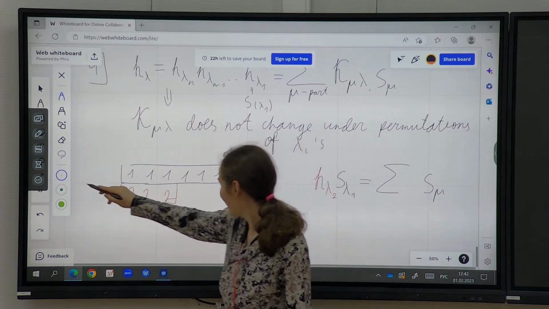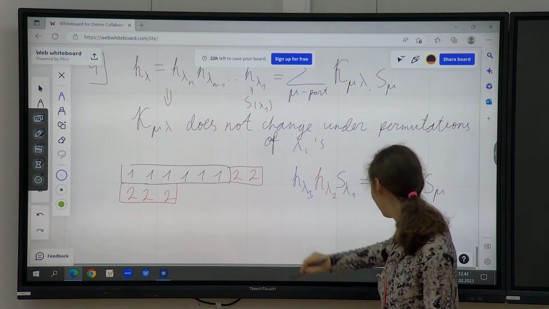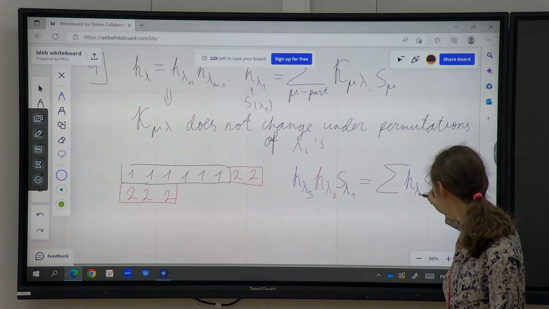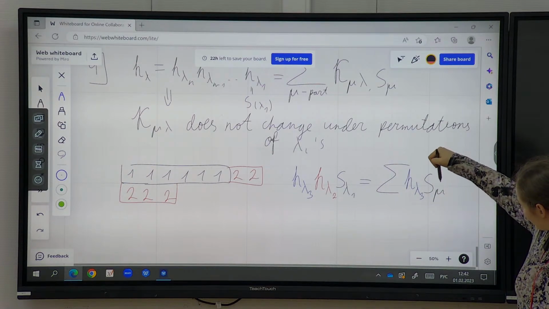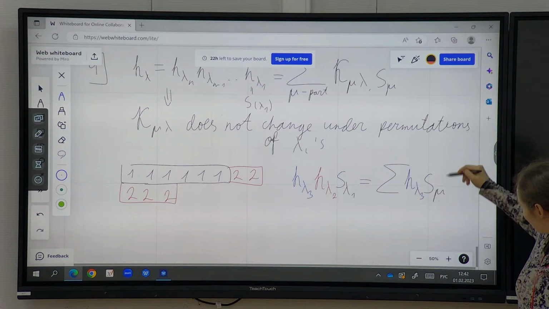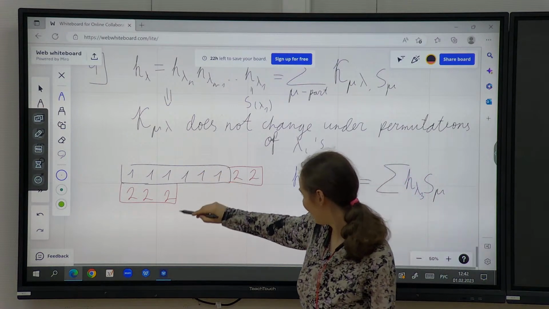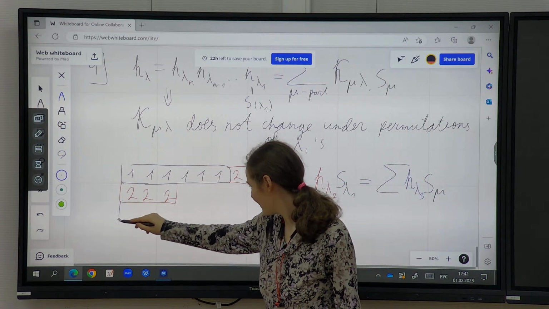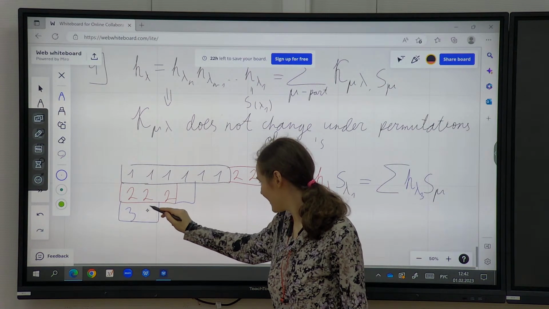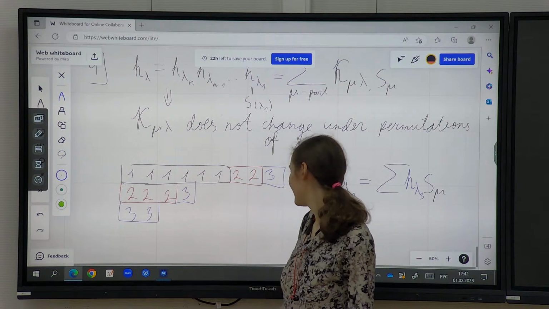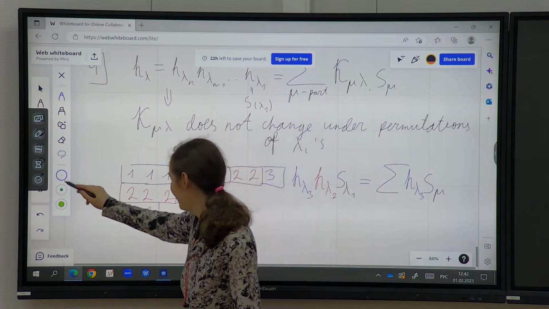Okay, then I multiply this guy by h lambda 3. So how do I multiply s mu by h lambda 3? I must add lambda 3 boxes in different columns again. I write 3 here. And so on.